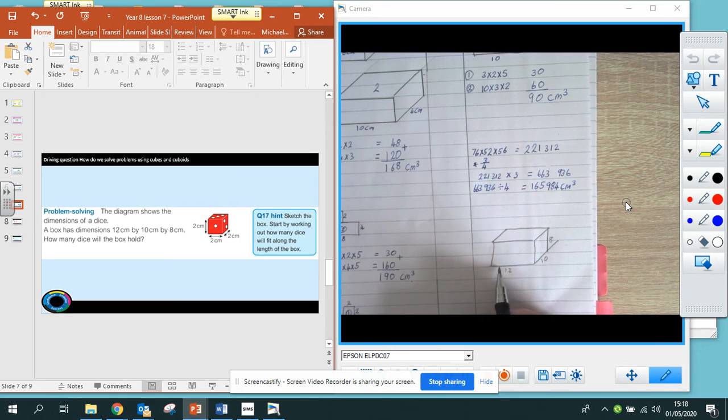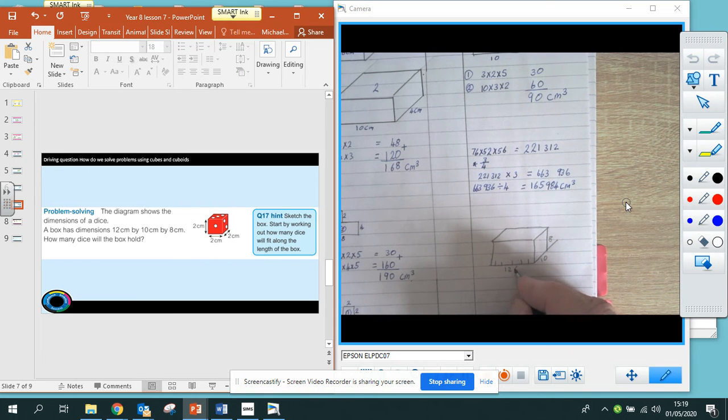Well, each dice is 2 centimeters wide. So I've got 12. 12 divided by 2 is 6. So I could fit 6 dice along here.